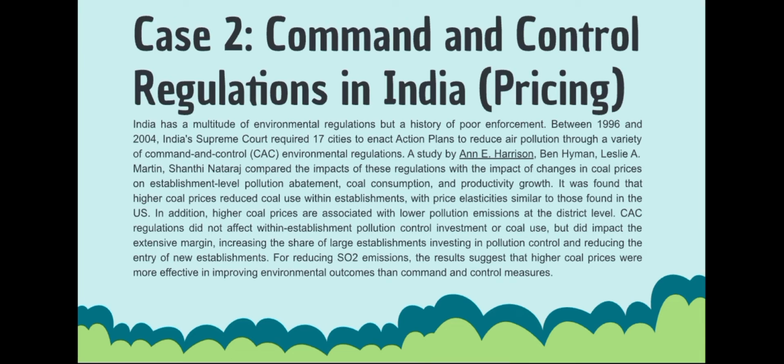Between 1996 and 2004, India's Supreme Court required 17 cities to enact action plans to reduce air pollution through a variety of command and control, or CAC, environmental regulations. A study by Anne E. Harrison, Ben Hyman, Leslie A. Martin, and Shanti Nataraj compared the impacts of this regulation with the impact of changes in coal prices on establishment level pollution abatement, coal consumption, and production growth.